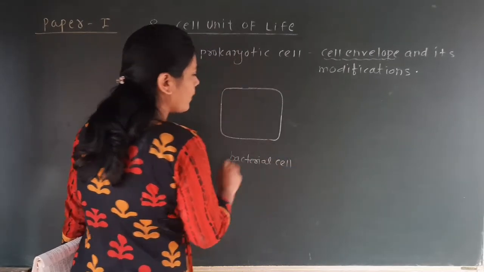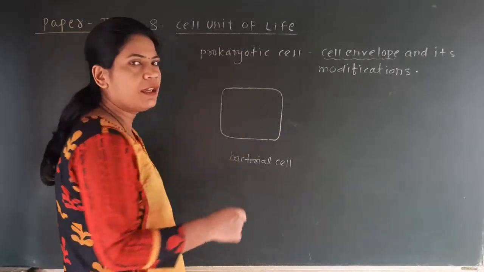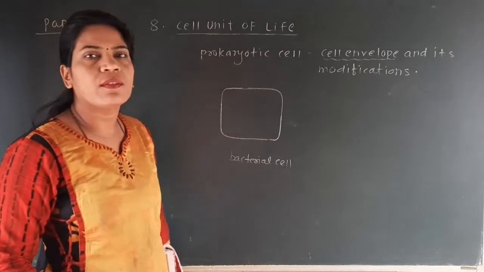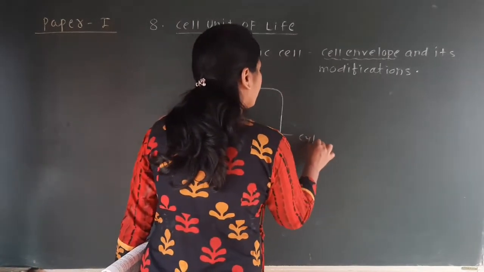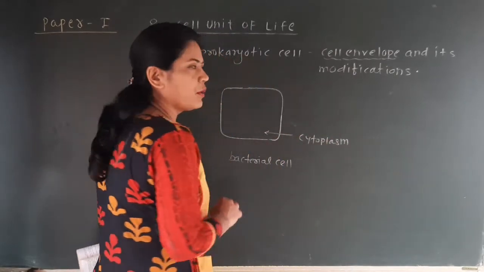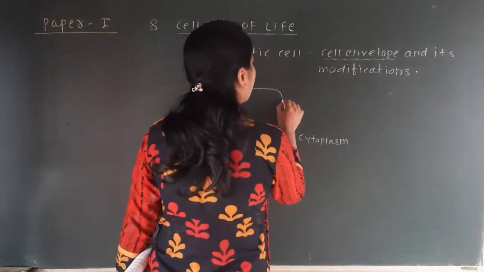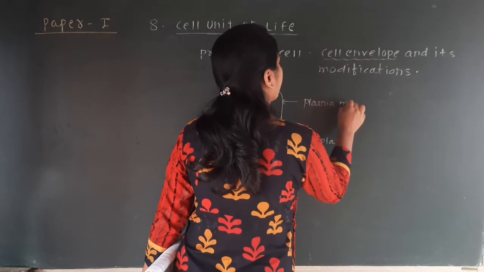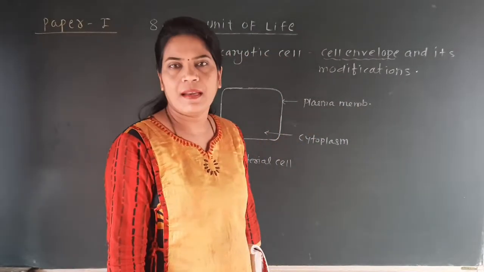The innermost layer of the bacterial cell, which is very close to the inside fluid matrix or the cytoplasm of the cell, is the cell envelope that we call the plasma membrane, or the cell membrane.